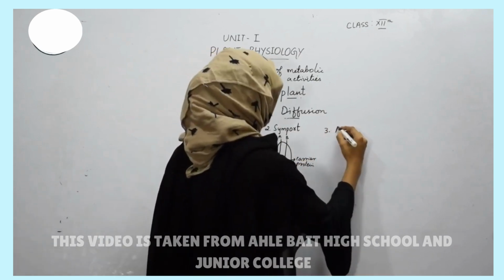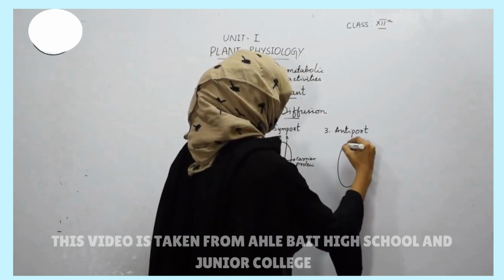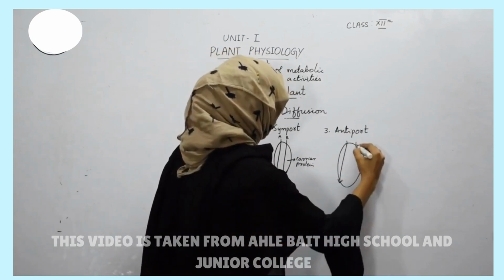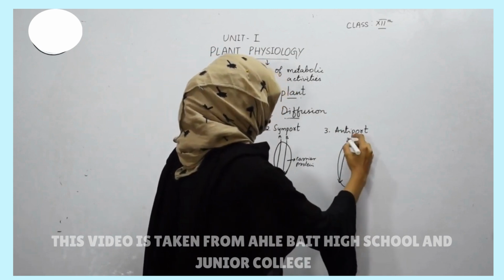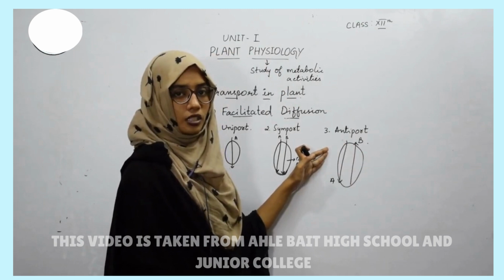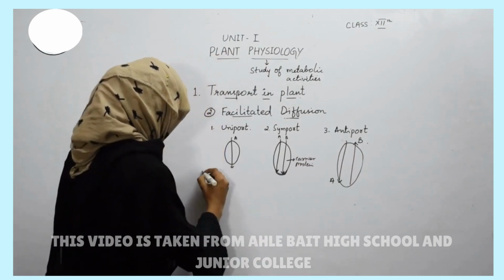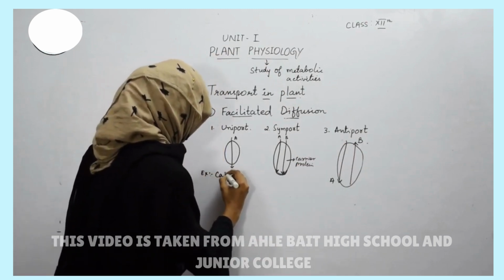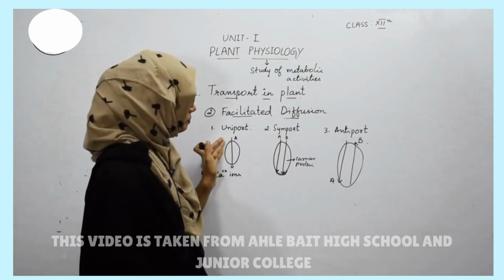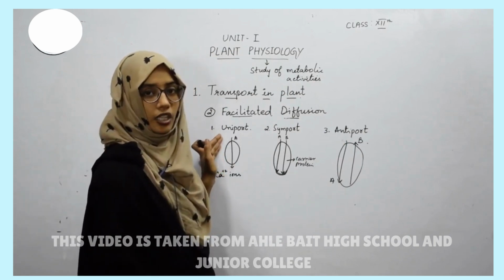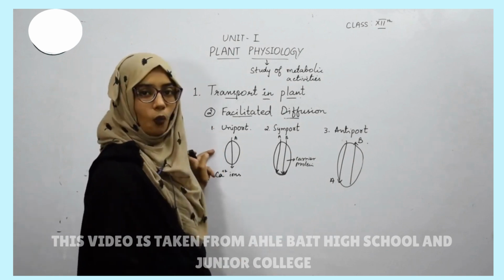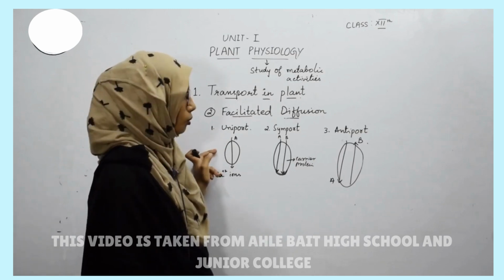And the third one is antiport. Here we can see that the carrier protein is transporting two different molecules in opposite directions. Here we can take the example of calcium ions. The calcium ions are getting transported into the sarcoplasmic reticulum through uniport, where the calcium ions are moving in one direction through a carrier protein.